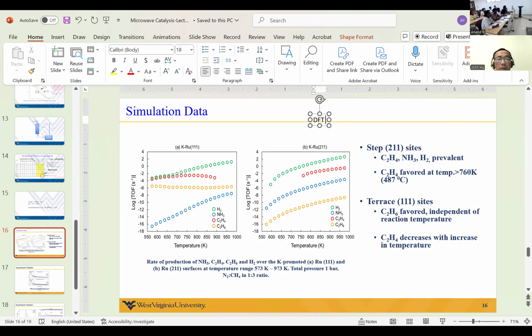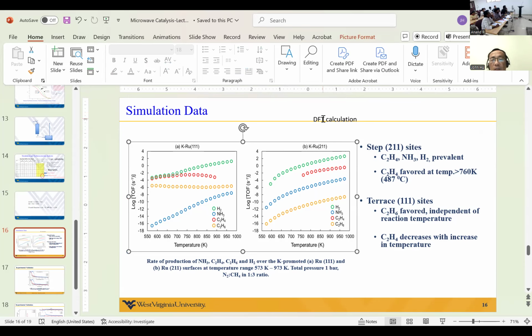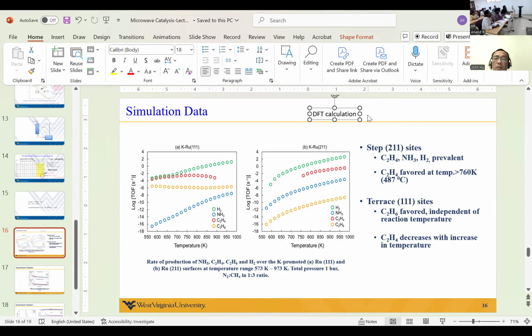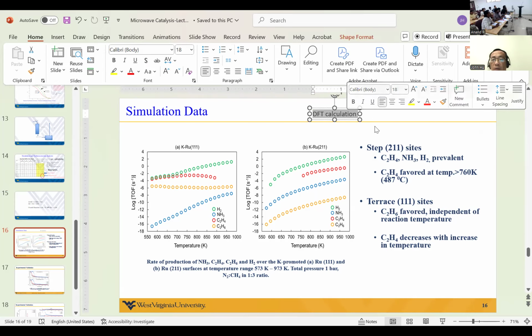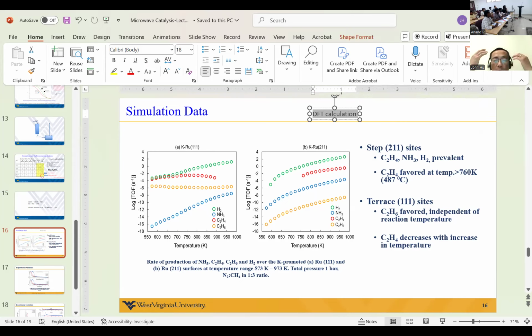It's called DFT calculation, density functional theory. It's from physics, but we use it for chemistry, and it's very popular now. By doing DFT calculation, we want to know what catalyst we need in order to activate the methane and the nitrogen together to produce ammonia and ethylene.